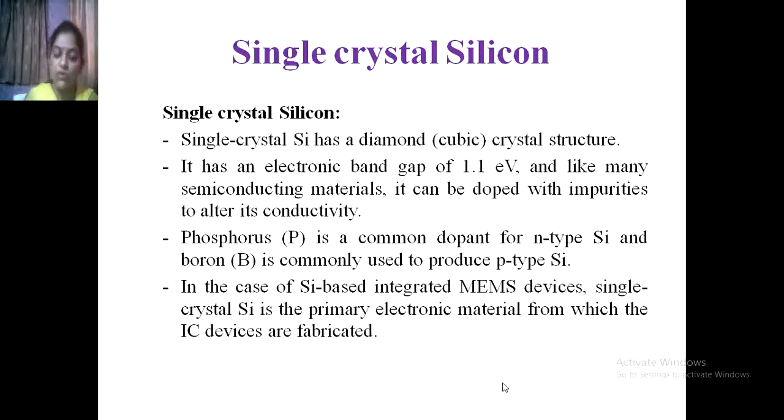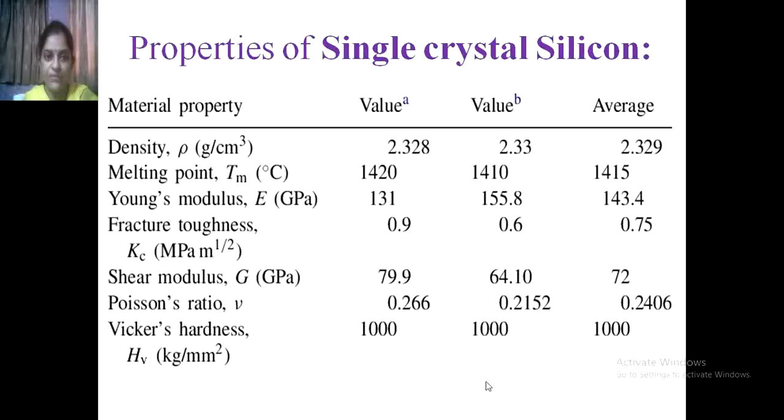These ICs are fabricated based on single crystal silicon as the primary electronic material. So this is single crystal silicon.